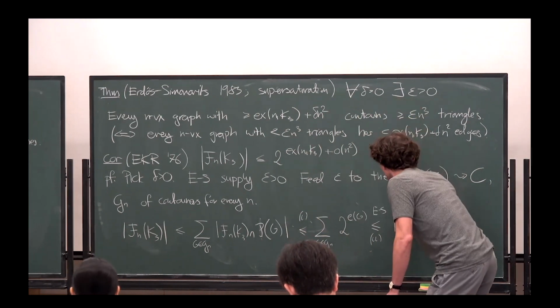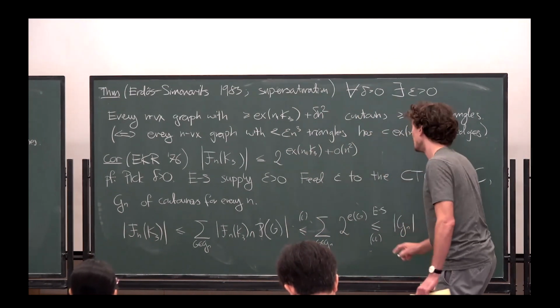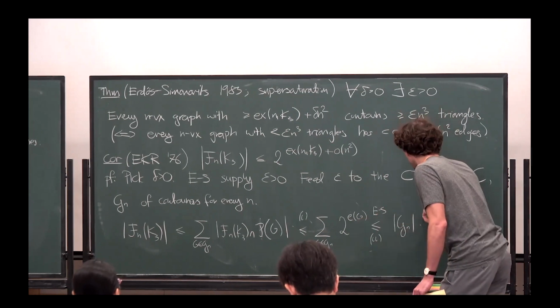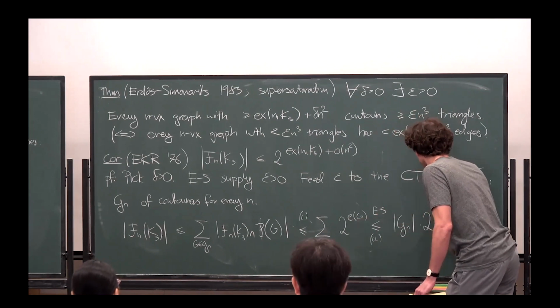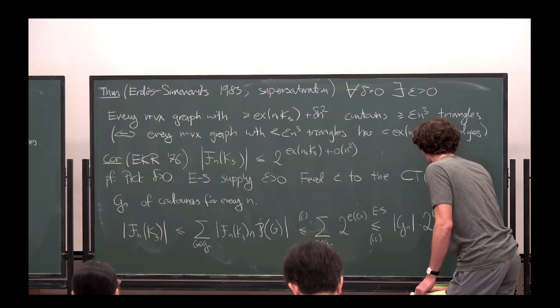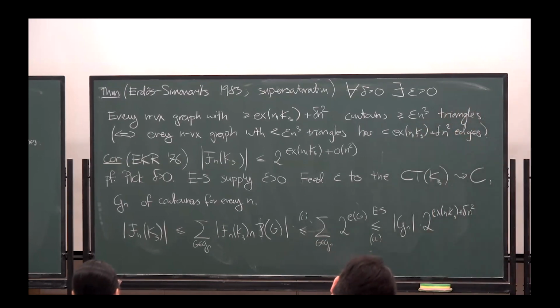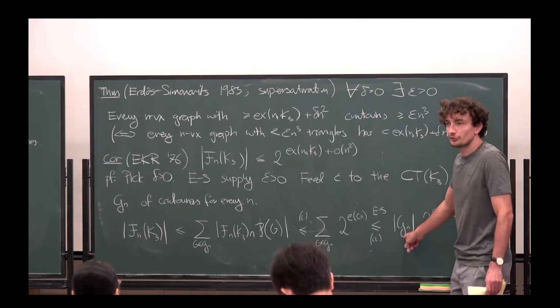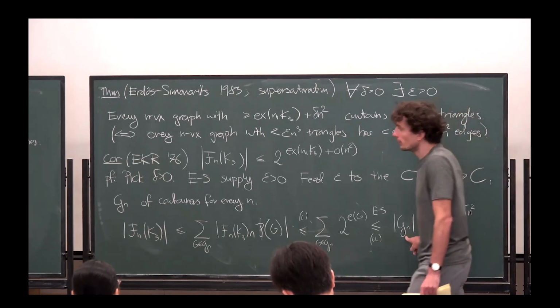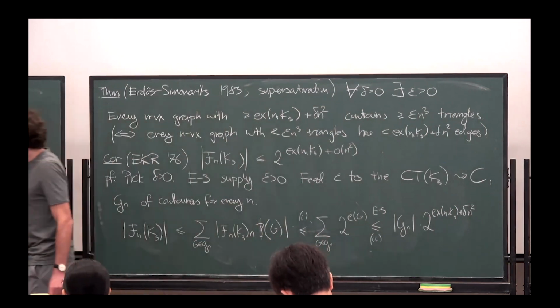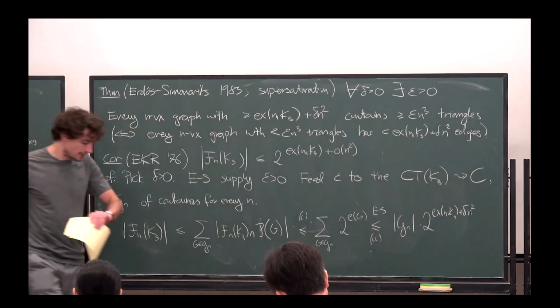It's the size of Gn, and none of these terms is larger than 2 to the extremal number for the triangle plus delta n squared. But we also know that Gn is actually pretty small. It's only exponential in n to the 3 halves log n.